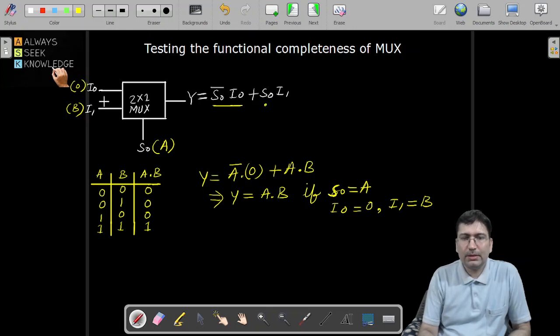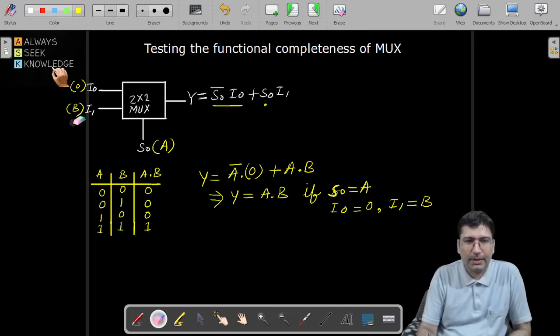So that means this mux is capable enough to generate complement, and it can also generate the AND operation. Now if you want to test for the OR operation also, let's look at it. Whether the mux can generate the OR operation, in order to claim functional completeness, let's look at that also.